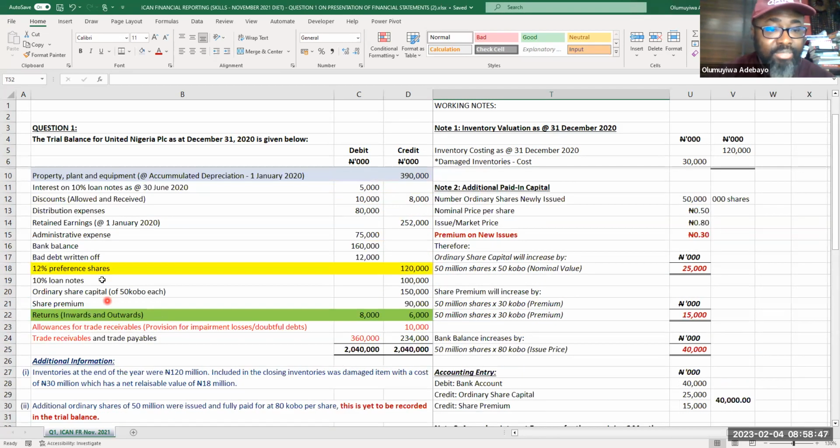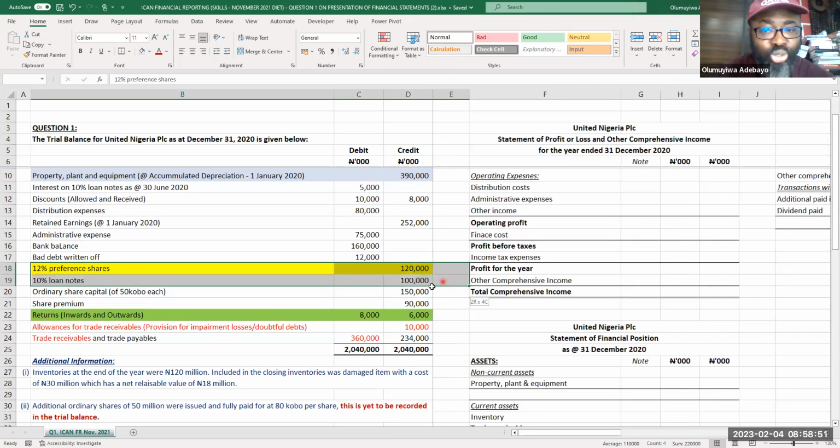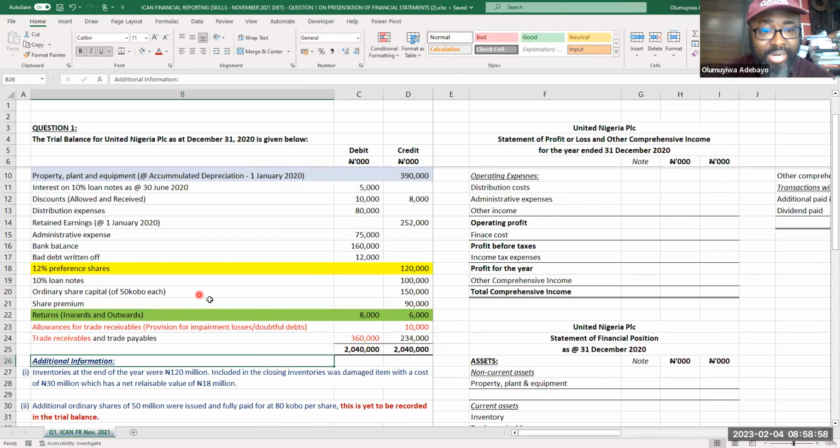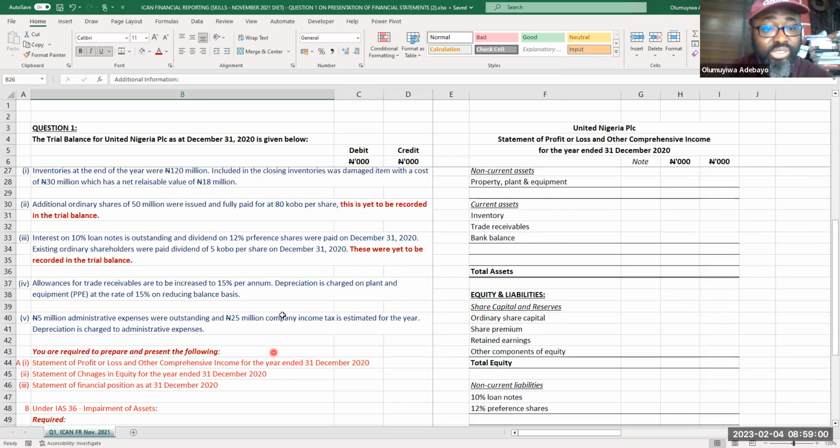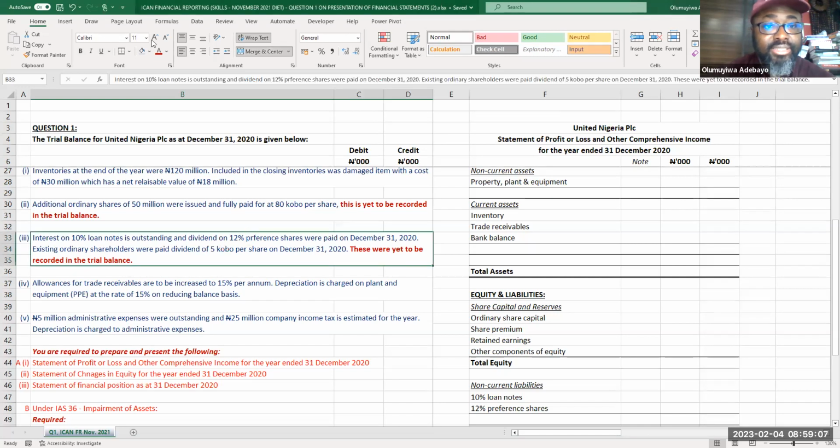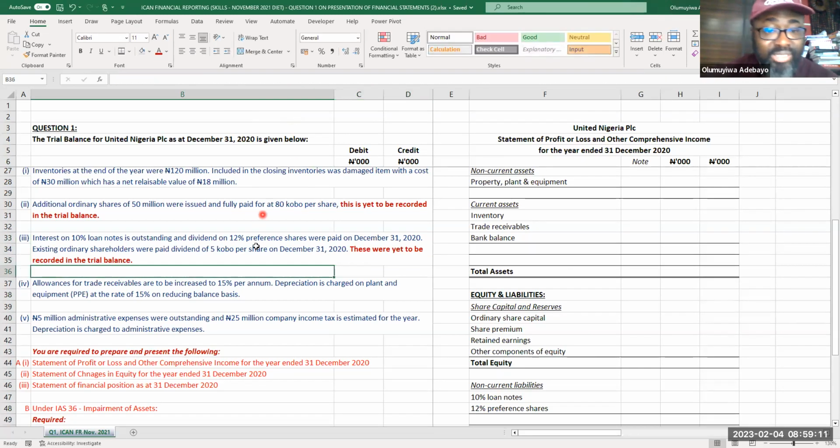When I look at the pattern to which it is drawn, it moves along with loans, which probably means it is more of a redeemable preference share. But I won't judge by that. I have to come to additional information. And from this additional information, nothing signifies that it is equity or it is liability. But again, I can see that it always moves along with loan. Okay, but that is still not a justification.